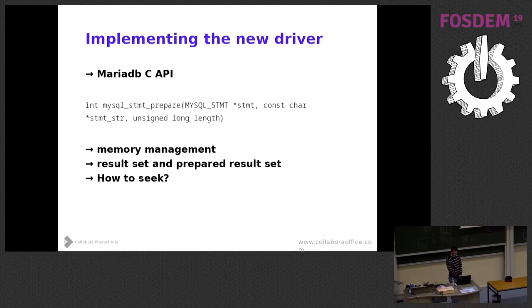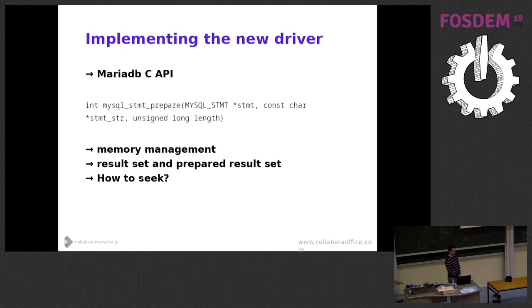Okay, and what I also have here are interesting concepts of the MySQL implementation. One interesting thing, at least for me, was the memory management, because I get a bunch of pointers from the MySQL API, but I don't have to free them.